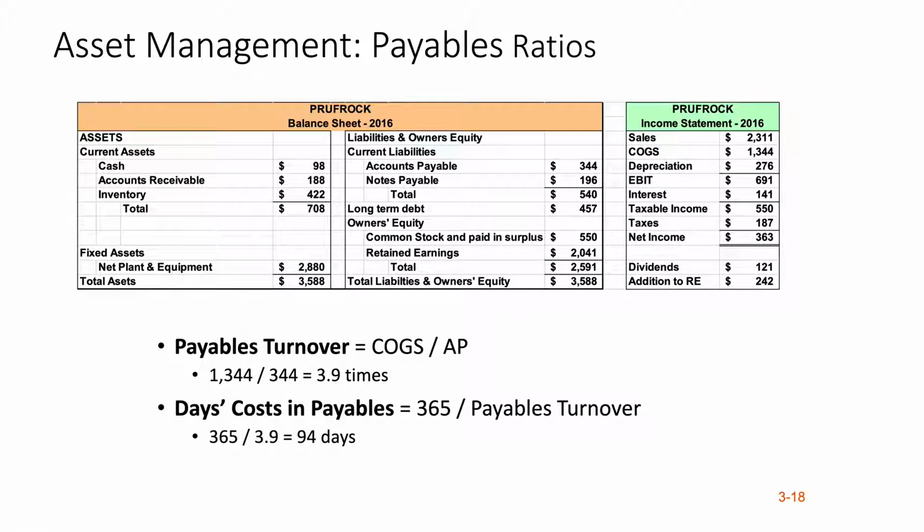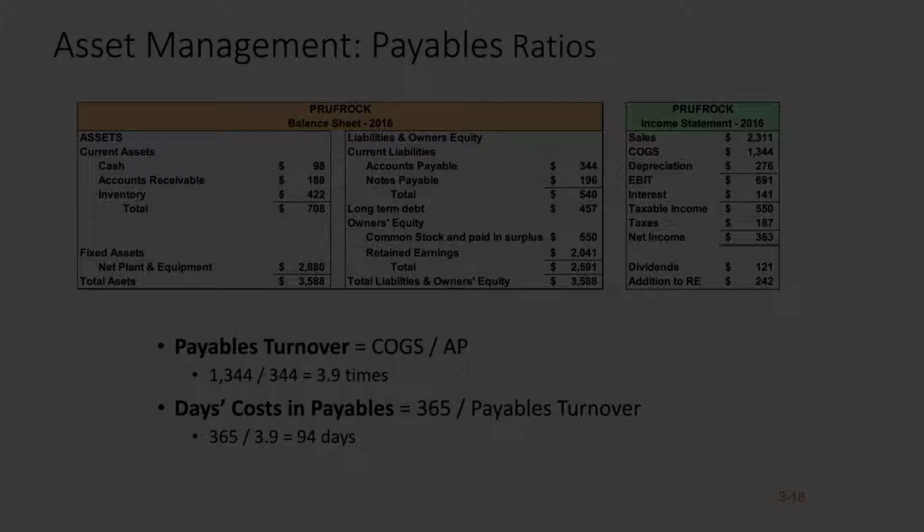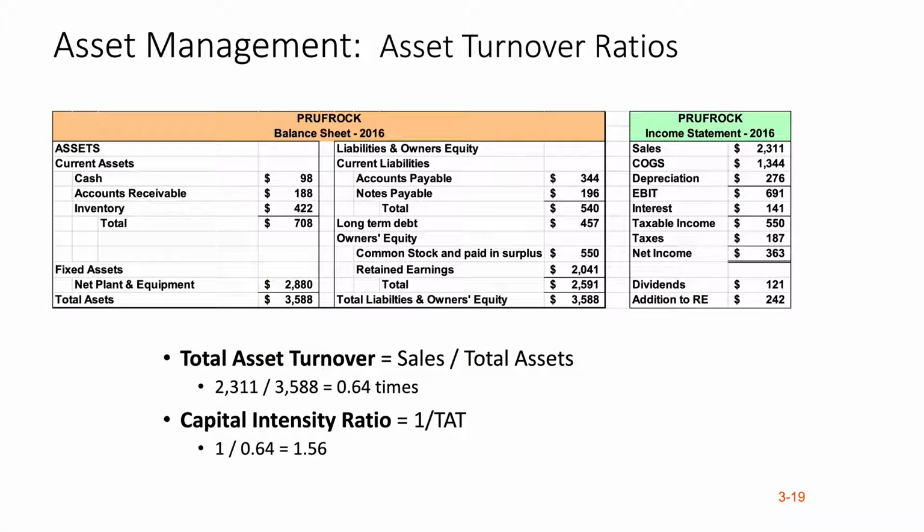Asset turnover ratio. Sales divided by total assets. In this case, 0.64. This ratio is sometimes called the capital intensity ratio. It means you require a huge amount of asset investment, particularly for the traditional economy, manufacturing, where you have the facilities.